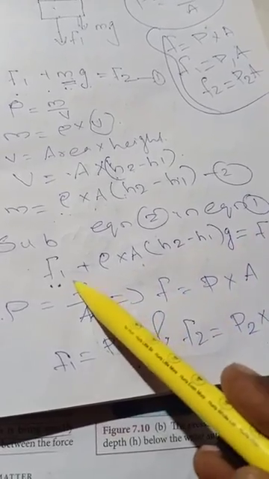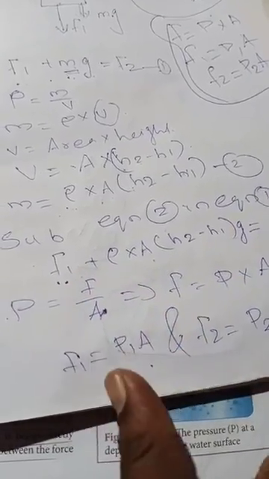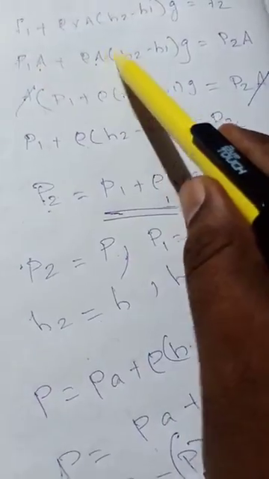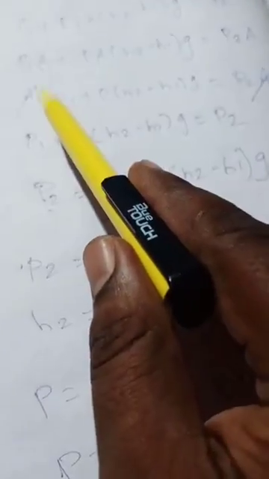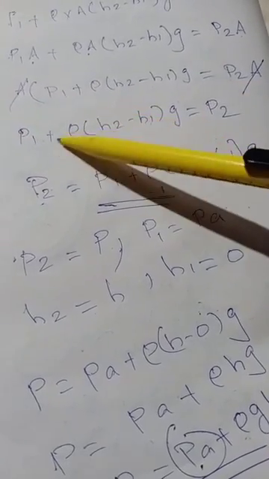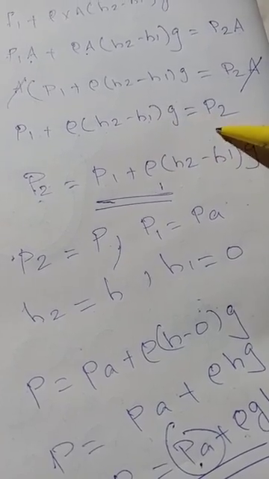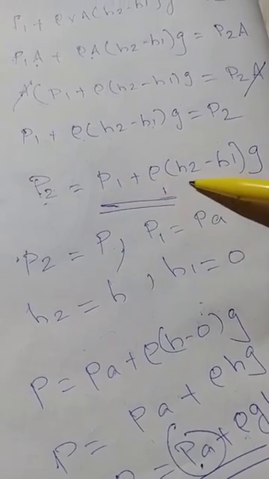Now substitute F1 and F2: F1 is P1 A and F2 is P2 A. We get A on this side, and this side also A. Take A outside and cancel it on both sides. So you will get P1 plus rho into (H2 minus H1) into g equal to P2. From that, P2 is equal to P1 plus rho into (H2 minus H1) into g.